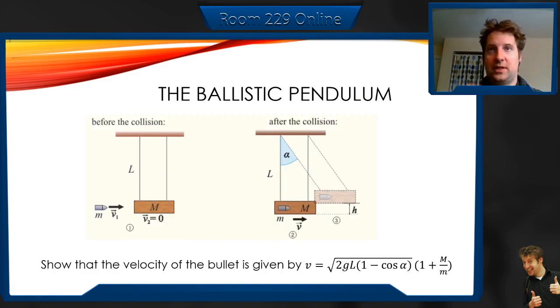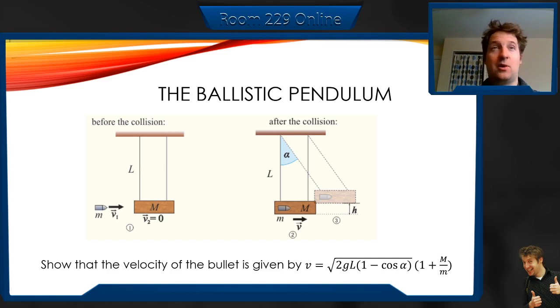Now, let's try one of these famous problems, the ballistic pendulum. How can we use a pendulum here, basically a sort of wooden contraption that has a bunch of clay in it, attached to these two strings? I'm going to shoot a bullet at it. This is a way that you can calculate the speed of a bullet. So the bullet is going to collide inelastically with the hunk of clay.